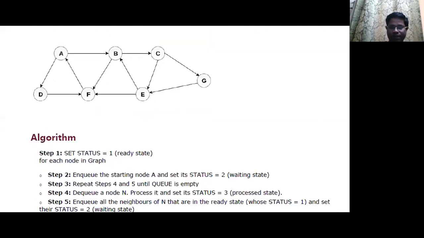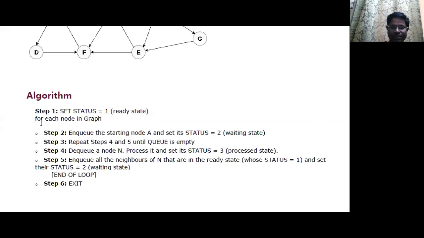So first, let's see the algorithm steps. These are the steps. The first step is to set status equal to 1, that is the ready state. It means you have to traverse all the nodes of the graph and find the total nodes. Like in this example, how many nodes are there? There are a total of 7 nodes. So by looking at the graph, we have to set the status to 1, that is the ready state.